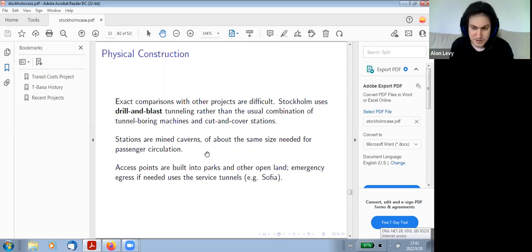And so, for example, the most central Södermalm station in Sofia is elevator access only, just because they could not easily fit an escalator. It's that deep. It's 100 meters below ground level, just because of the local topography.